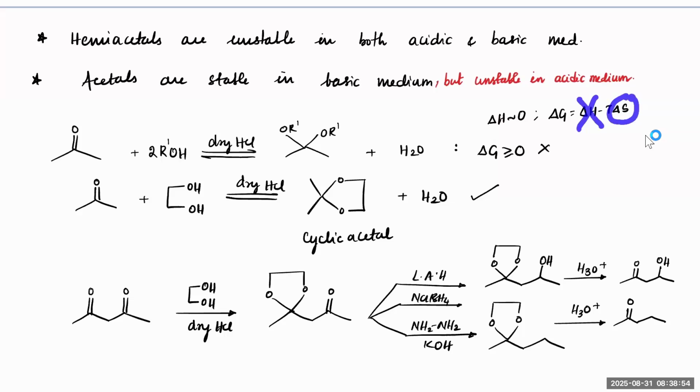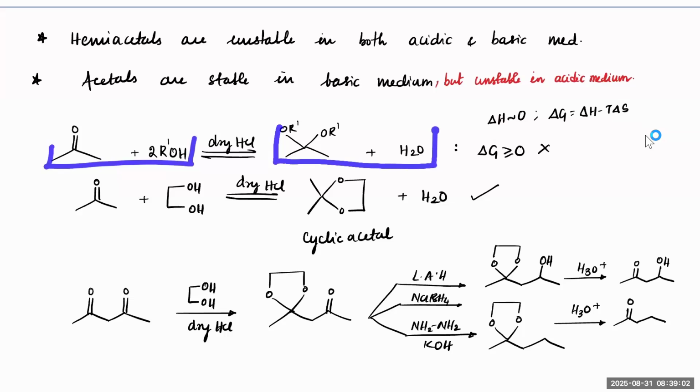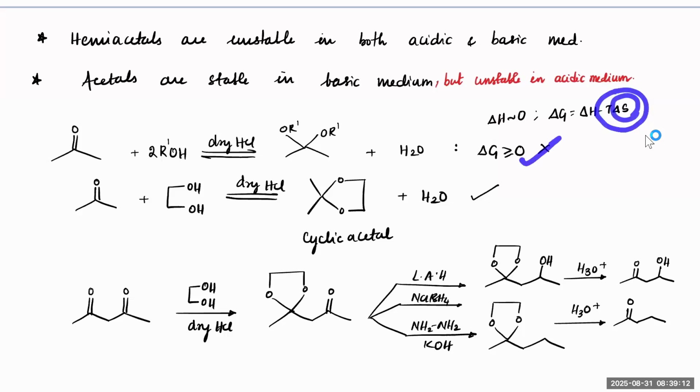So just check out how delta S is operating. Have you noticed on the reactant side we have 3 moles, product side I have only 2 moles, which means entropy is decreasing. So if delta S is negative, negative and negative will become positive. That's why this reaction is non-spontaneous. That's why you will see this reaction is actually a non-spontaneous form.